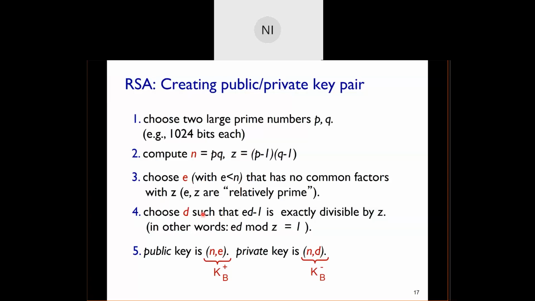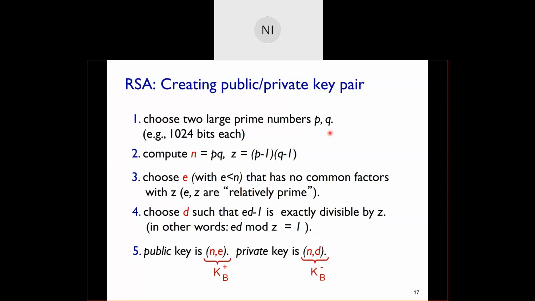Then you have to choose another number called D here, such that ED minus 1 is exactly divisible by G. That means ED mod G equals 1. Once you do that, you have N, E and D. So N comma E becomes your public key and N comma D becomes your private key.